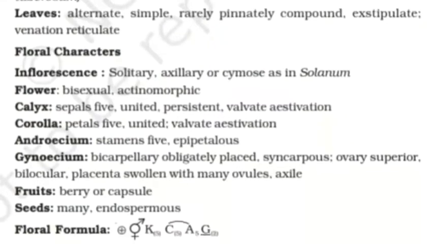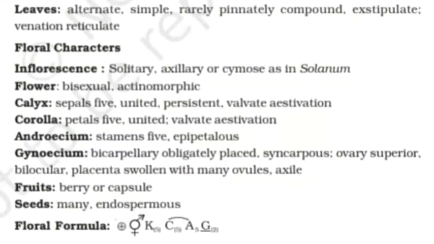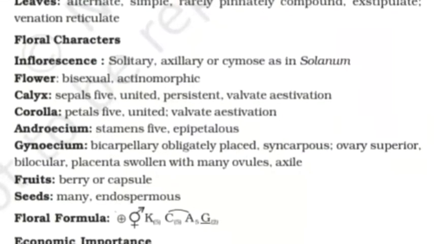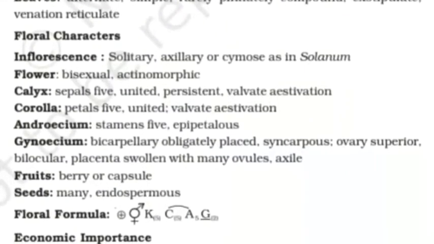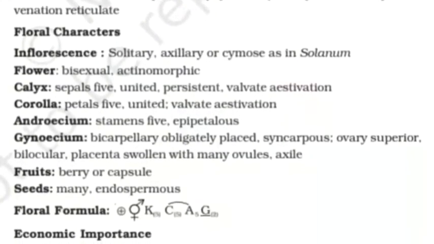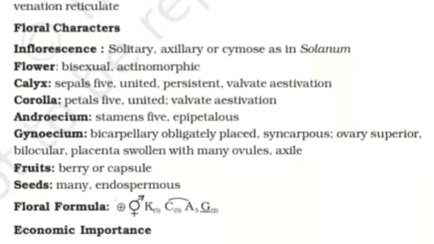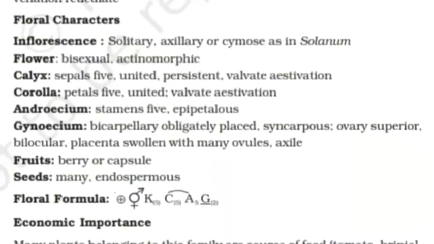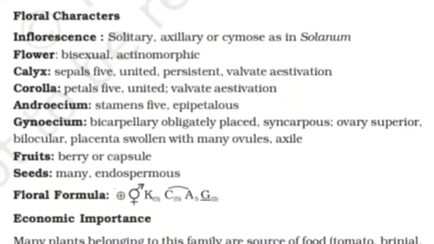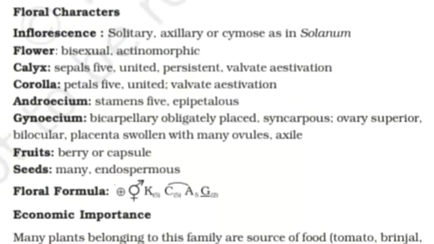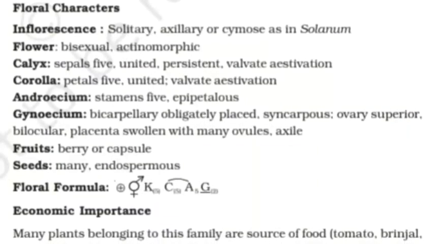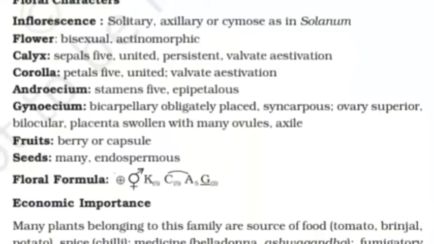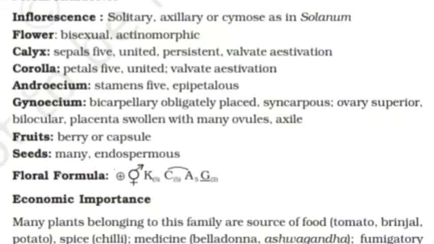Floral characters: inflorescence solitary, axillary or cymose as in Solanum. Flower bisexual, actinomorphic, calyx sepals 5, united, persistent, valvate aestivation. Corolla petals 5, united, valvate aestivation. Androecium stamens 5, epipetalous.